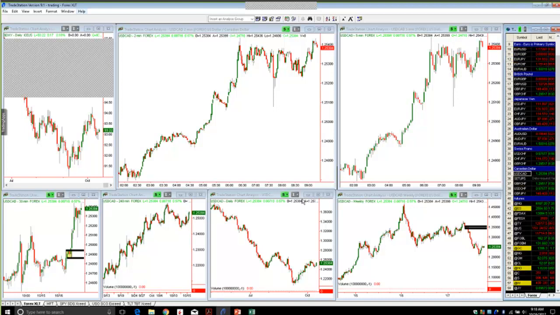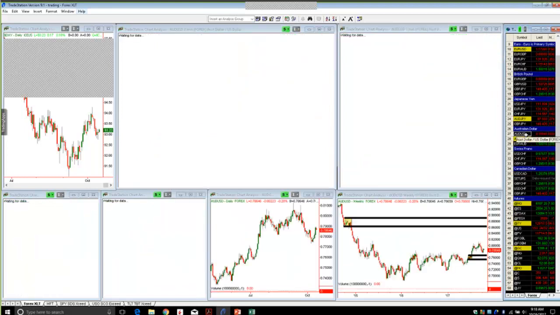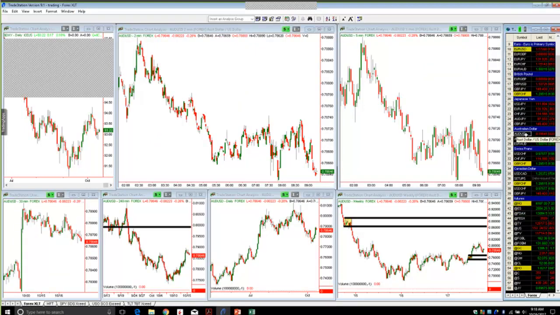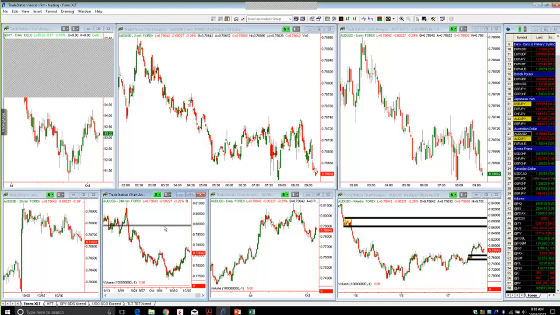Okay. Let's keep going. Let's look at the Aussie dollar. I saw someone wanted to take a look at that. So we have a nice oil opportunity sitting there.